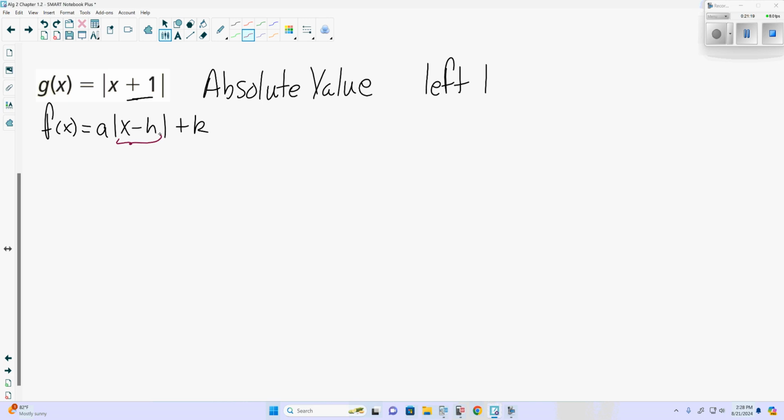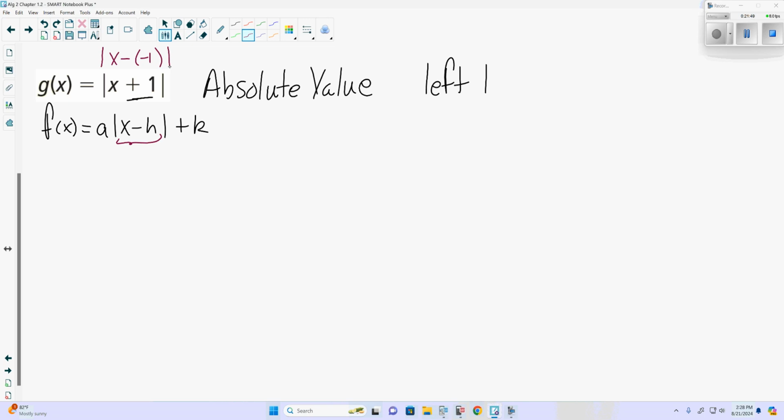Because really what this is saying is that we have x minus negative 1. Because the negative and negative make a positive. We're not going to write the negative, there's no reason for that. We'll just write it as plus 1. So here the value of h is actually -1. So that's why it's moving 1 unit to the left, not 1 unit to the right.